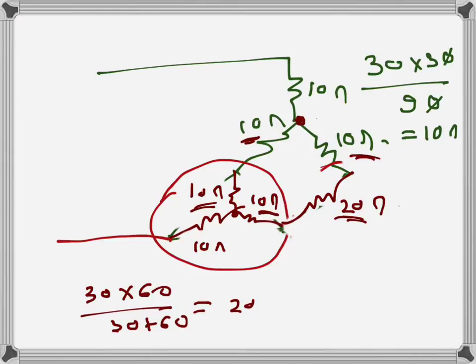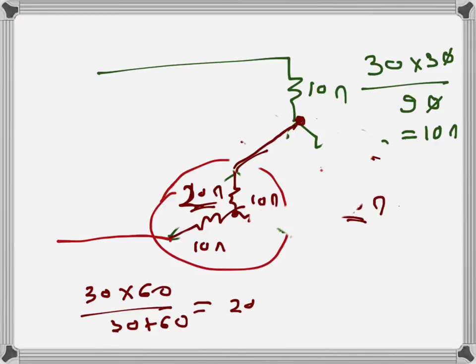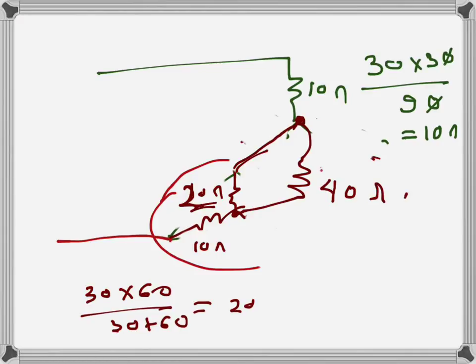I will erase and redraw a little bit here. With just one resistance first, this one is becoming 20. While here the three resistances, instead of three we will have just one resistance, and that one's value will be 40, because 10 plus 20 plus 10 is 40.